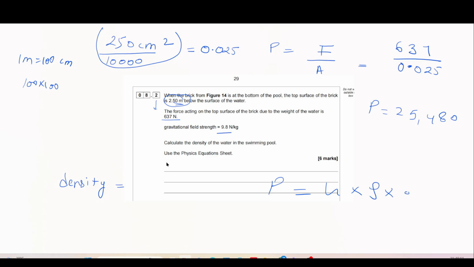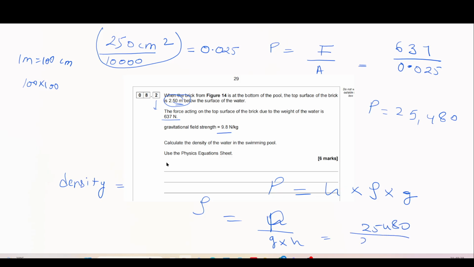So to find density, it's pressure divided by height times gravitational field strength. So 25,480 divided by 2.5, is it 2.5 meters?